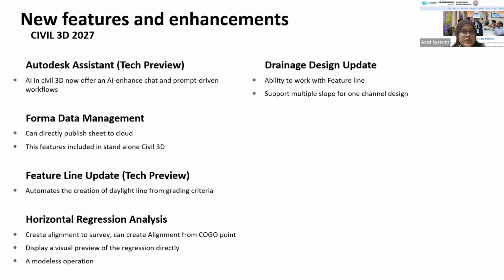And the last new feature for today is the drainage design update. For the drainage design update, we can now also work on the feature line, and for the channel design, multiple slopes are now supported.